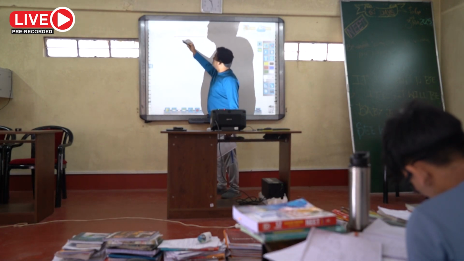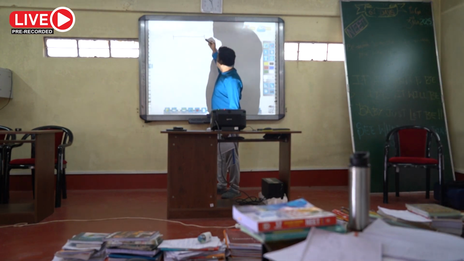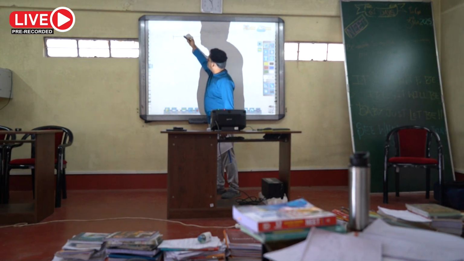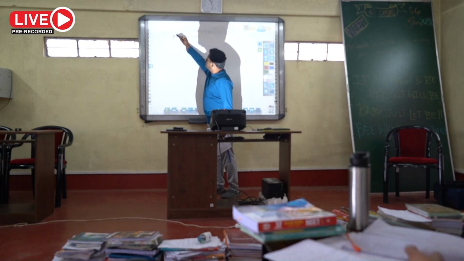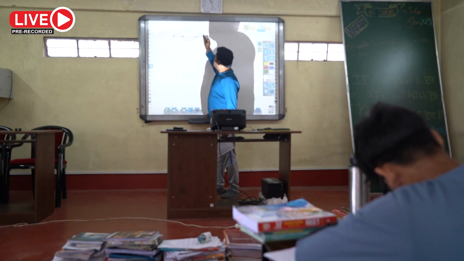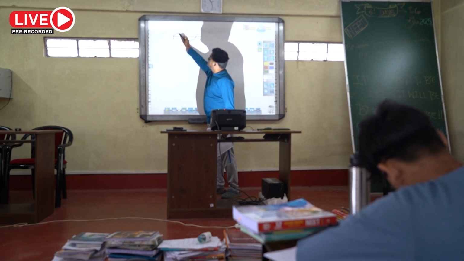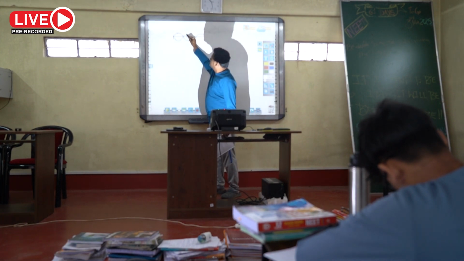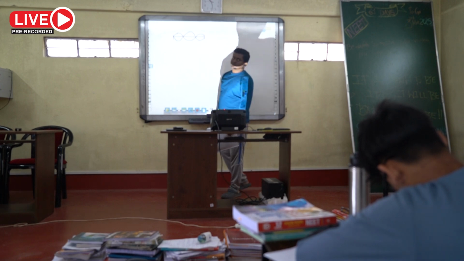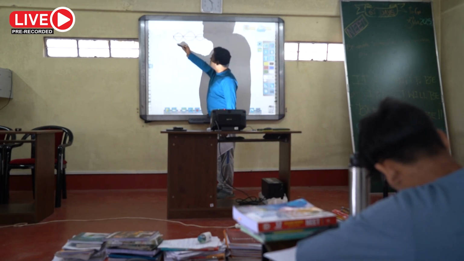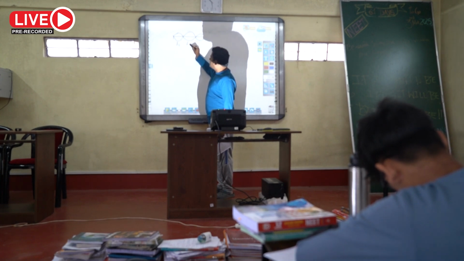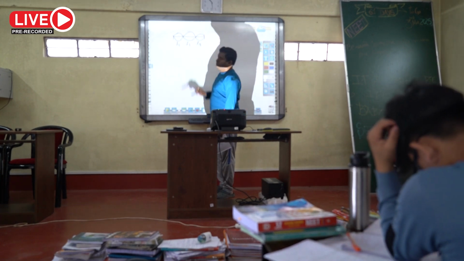So let us consider this. We consider 3 segments like this. We consider the lengths of the segments are not the same. It is L1, it is L2, it is L3.